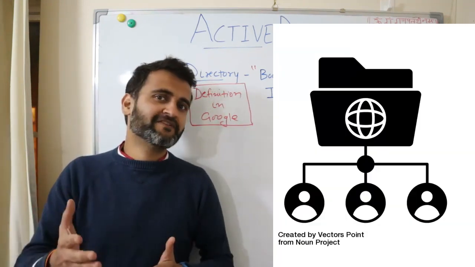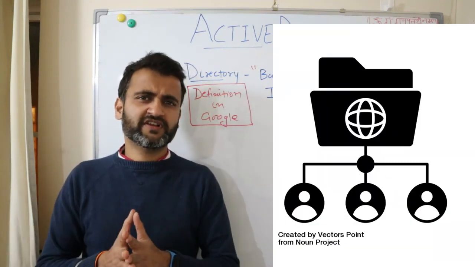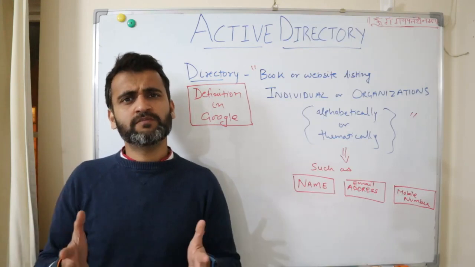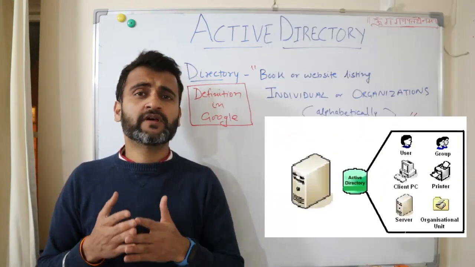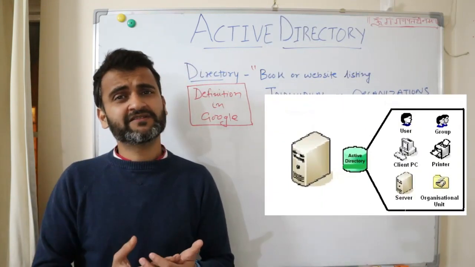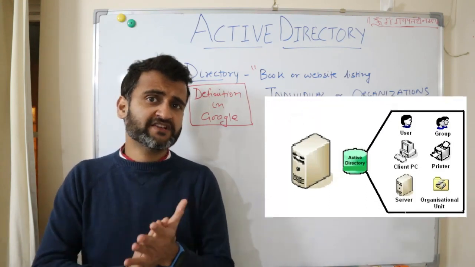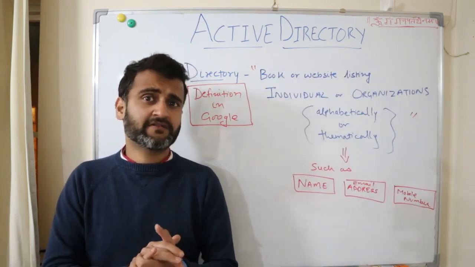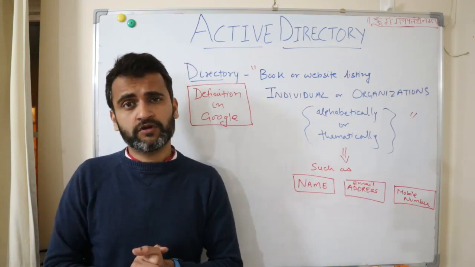In a similar way, Active Directory lets enterprise companies organize all their resources very easily at one place, and these resources could be your servers, your employees, your files, your locations, your directories, and your printers as well. Everything can be organized, managed, and administered very easily, and also with a lot of security.